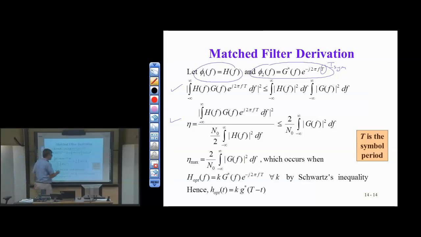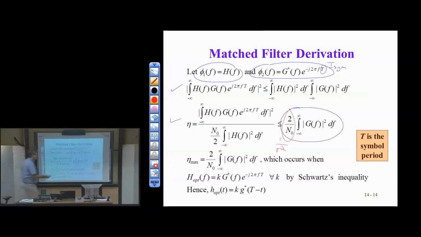So now we have a bound on the maximum value that the SNR can obtain, and it's simply a function of 2 over N naught, which is the same as 1 over sigma squared, times the energy in the pulse shape.